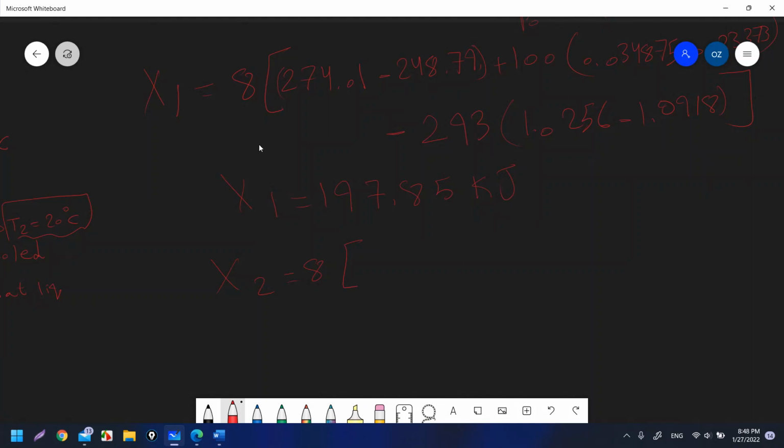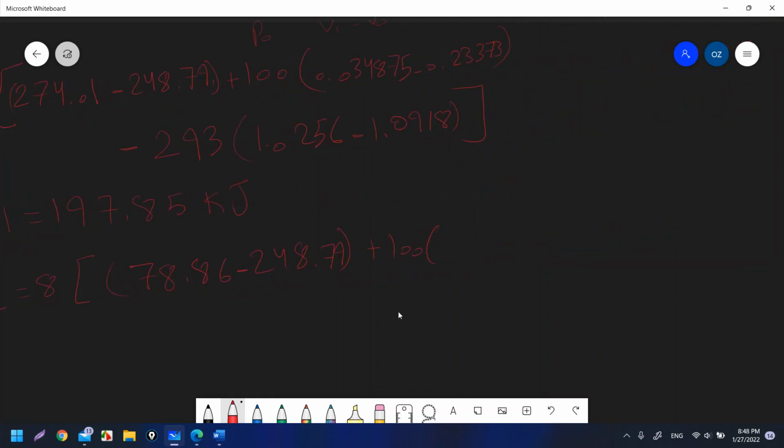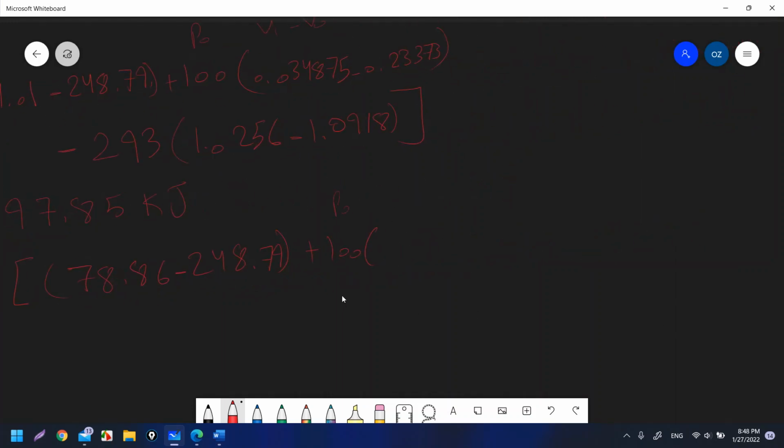And you will do the same with the X2. 8, the mass. U2 is 78.86 minus U0 248.79 plus 100, and also the same pressure P0, 0.000816 is V2 minus V0 0.23373 minus 293, the temperature of the surrounding or the environment, 0.30063, that is S2 minus S0 1.0918.